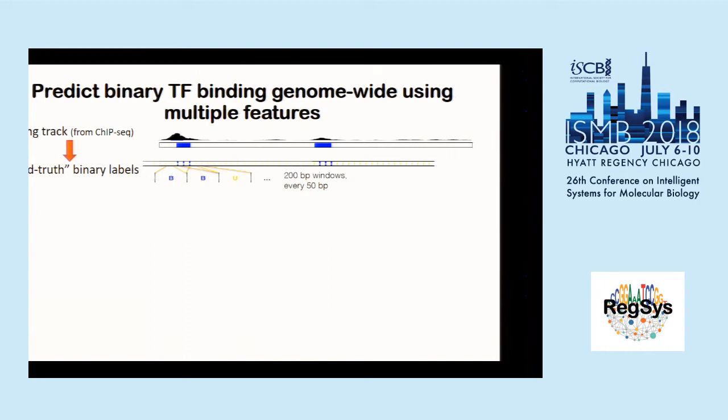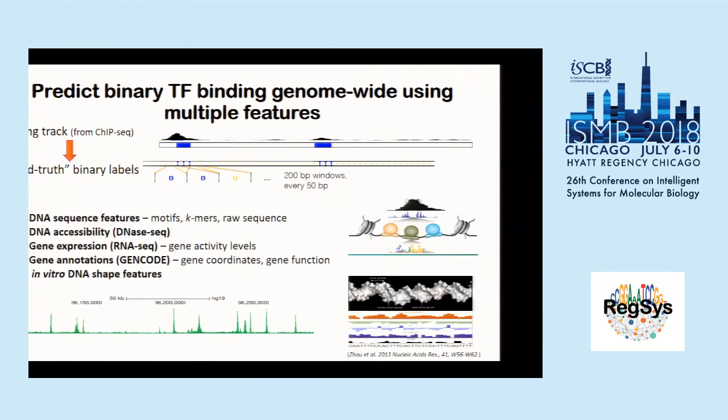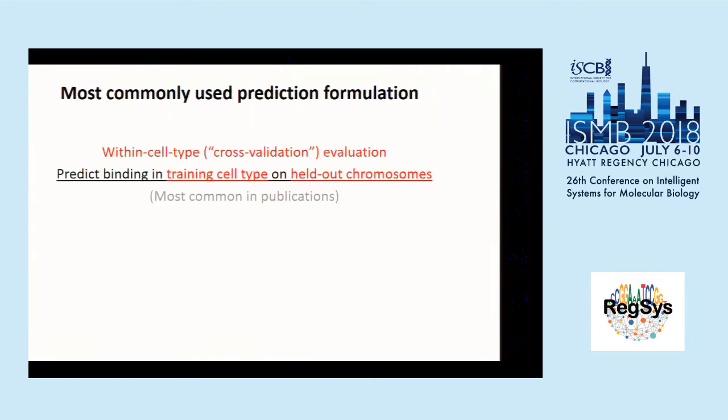So what we did is tile the genome with overlapping 200 base pair windows, label each window by whether or not it falls in a peak, and try to predict it from DNA sequence, DNA accessibility, as well as gene expression, and gene annotations, and sequence-derived shape features, as was talked about yesterday.